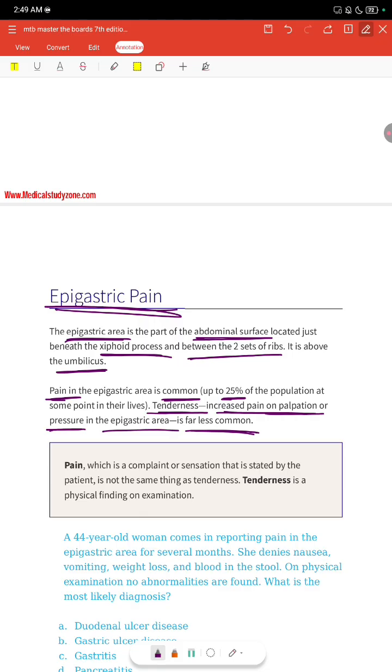Tenderness is basically a general terminology used for increased pain on palpation or pressure. It can be in any area, but here epigastric pain is experienced by up to 25% of the population at some time in their lives, while tenderness is far less common.